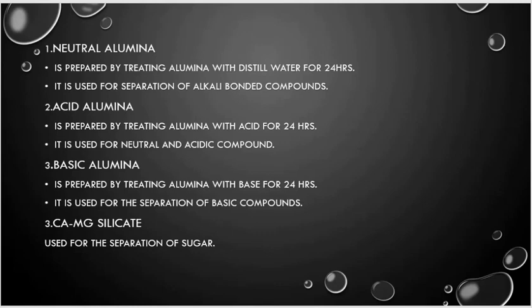The basic alumina is prepared by treating alumina with base for 24 hours and is used for the separation of basic compounds. Then we have calcium magnesium silicate, and this is used for the separation of sugars.